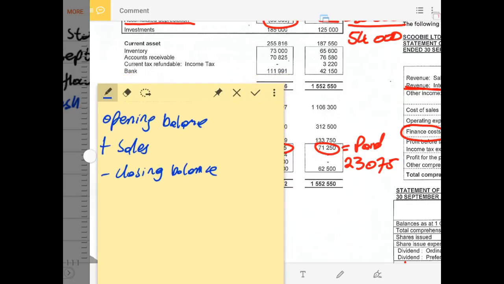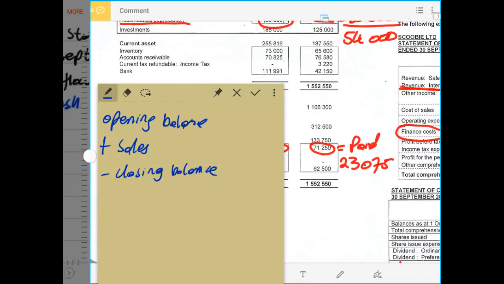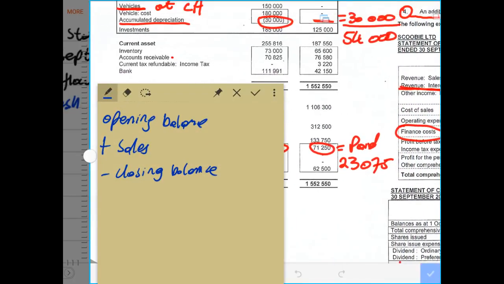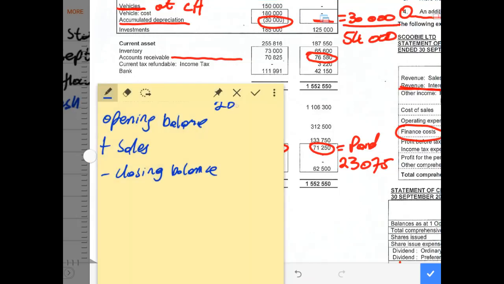The opening balance of account receivables will be the closing balance of the year 2009, which was 76,580 under account receivables. That becomes the opening balance in the year 2010, because we want to know how much was received from customers in the year 2010. Therefore, we say opening balance of 76,580.